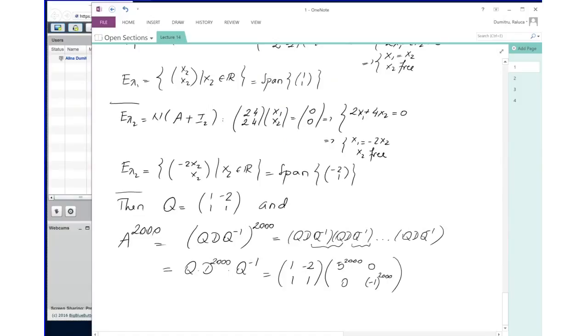And then I need Q inverse. What is Q inverse? I think it's this one, right? For a 2 by 2 matrix, remember the inverse is 1 over the determinant. Determinant is 3. Times, and then you switch the entries on the main diagonal and you put the negative sign on the off diagonal. So I switched 1 and 1, and then 2 and negative 1.